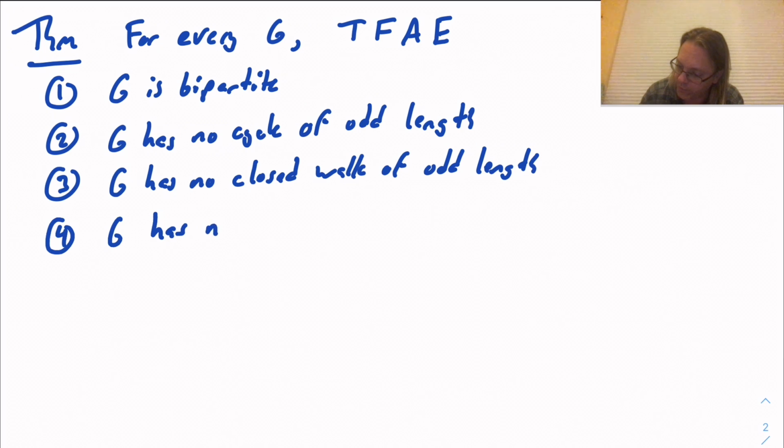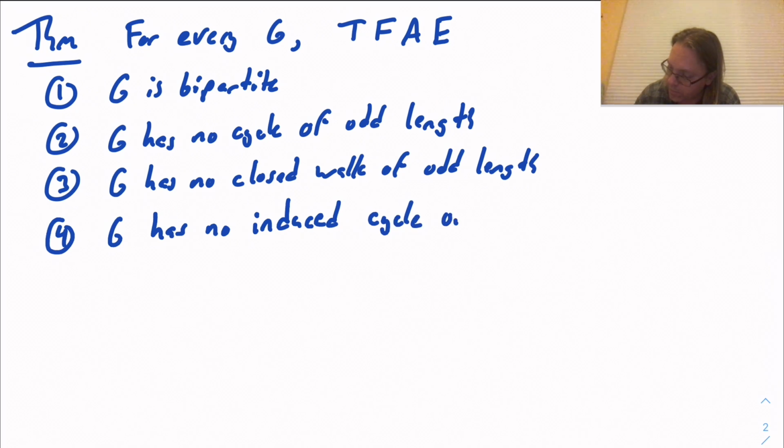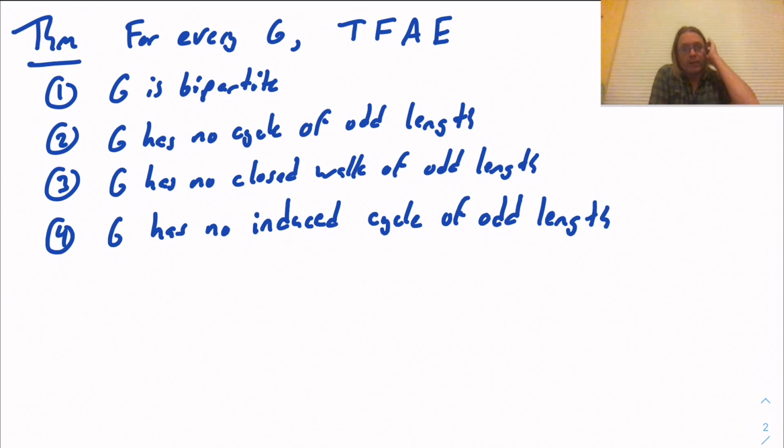G has no induced cycle of odd length. So what's going on here? Well, a subgraph is going to be induced if you've got all of the possible edges on that subgraph.